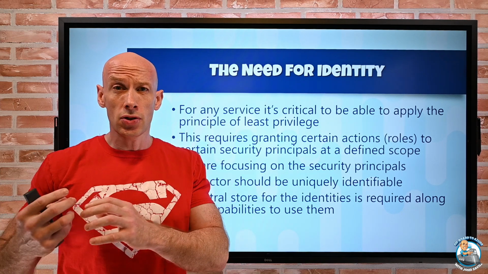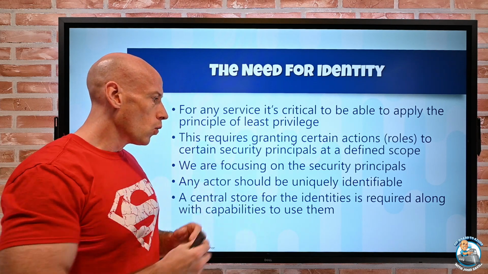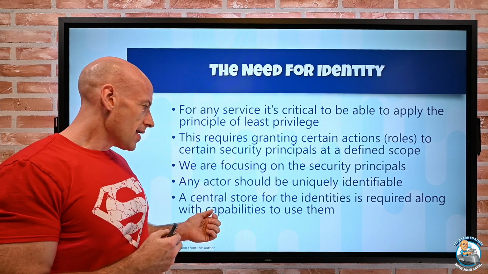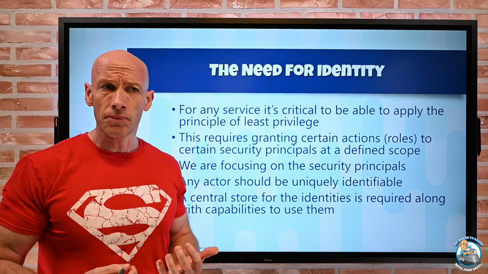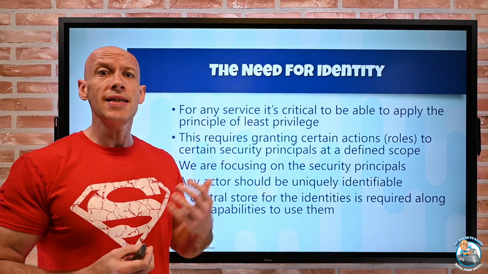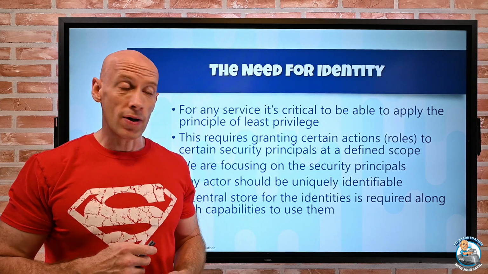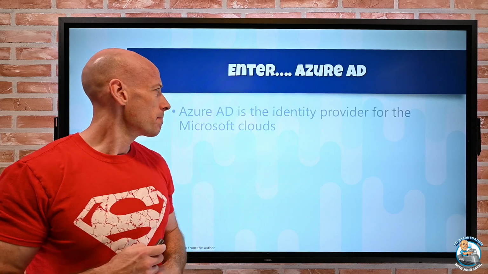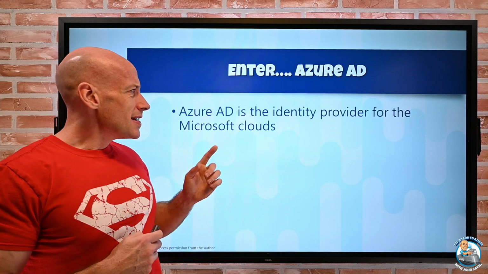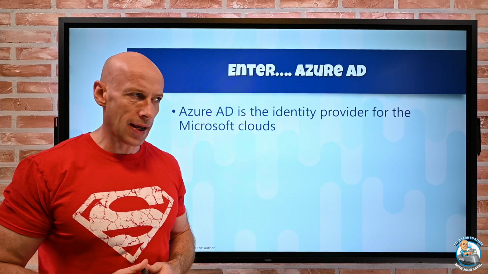Azure subscriptions trust a certain Azure AD tenant. So I'm going to group all of these together, and then it's going to give me certain capabilities to actually let me use them. So again, I have to be able to authenticate that identity stored in the identity provider. Maybe it then does authorization. So enter Azure AD. Azure AD is the identity provider for really all of the Microsoft clouds.